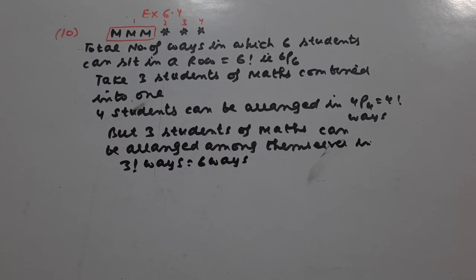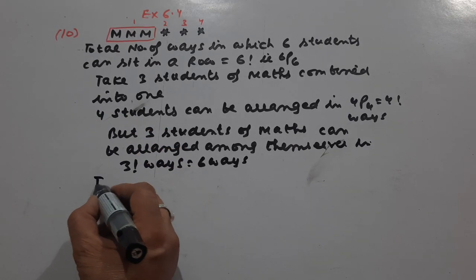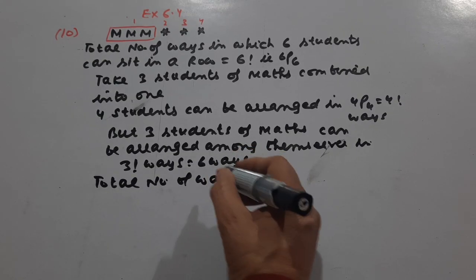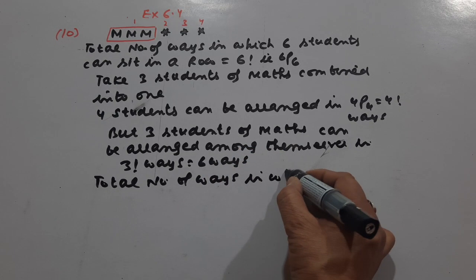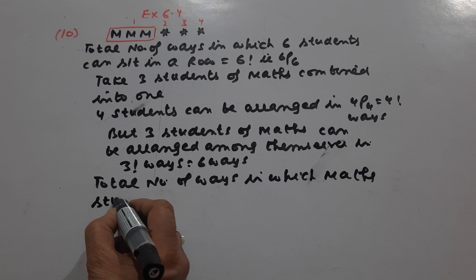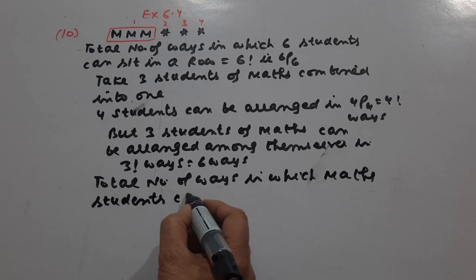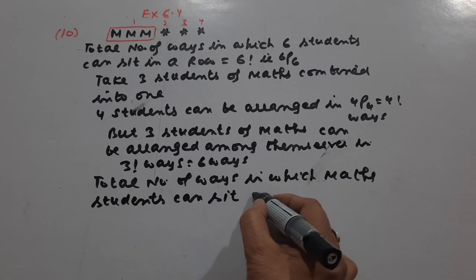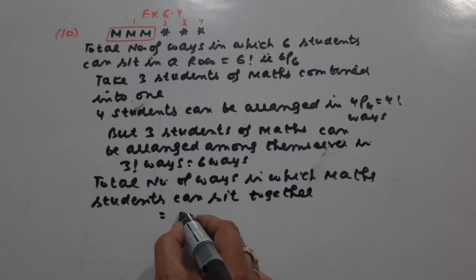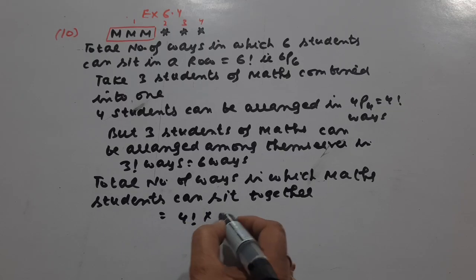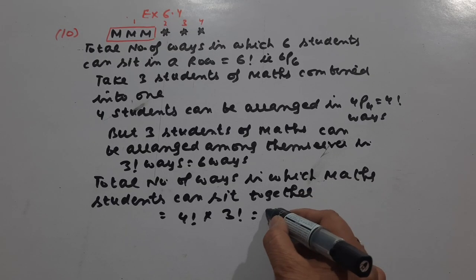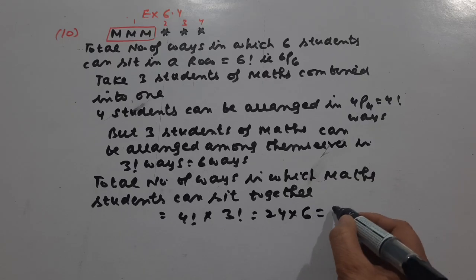So total number of ways in which maths students can sit together is equal to 4 factorial into 3 factorial. 4 factorial means 24 into 6, which is equal to 144.